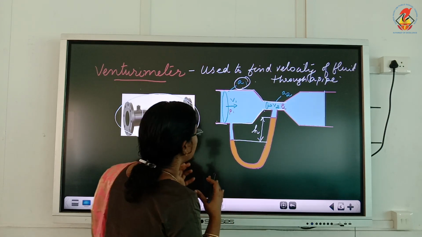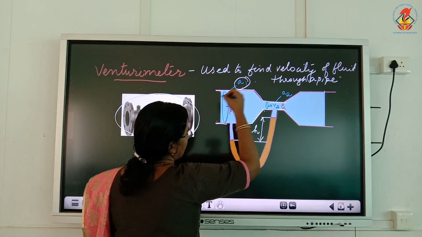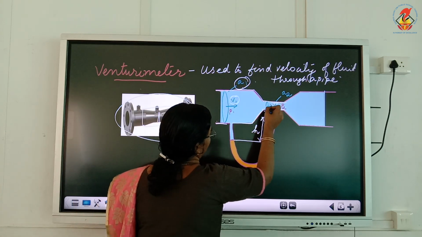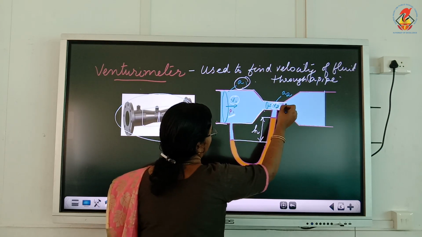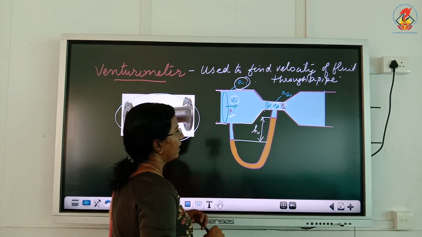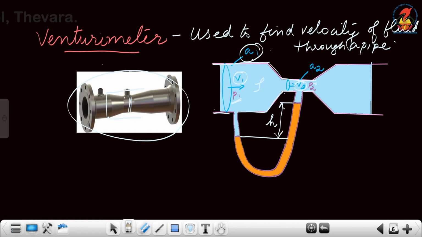Velocity with which the fluid flows through the wider cross section is taken as V1. Similarly, in the narrow cross section it is V2. Pressure in the wider region is P1, whereas in the narrow region it is P2. Now a fluid of density rho is flowing through the Venturimeter. In between the Venturimeter I have connected a manometer.